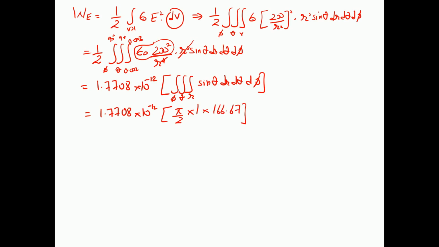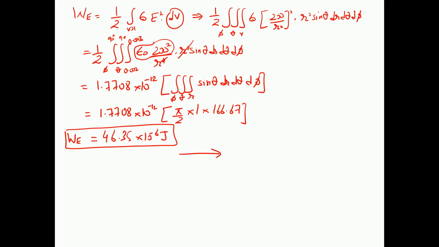These are the solutions of the integrals of r, theta and phi, and finally the work done comes out to be 46.35 into 10 raised to power minus 6 joules for the first part of the potential given. I leave the second part for you to solve along the same lines, and that's concluding our lecture series for chapter 4.